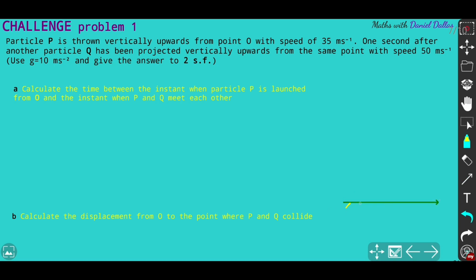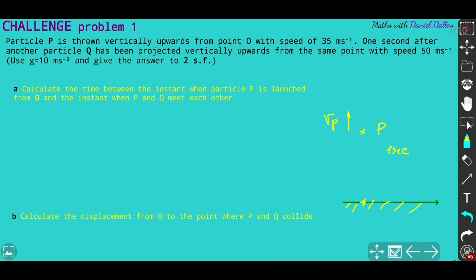Let's assume that you decided to first take into account the first part of the motion, when particle P is somewhere here and has some velocity VP. From this moment, you start considering the situation when particle P has traveled 1 second, and it's your starting position. No problem, you can start considering the situation from here.